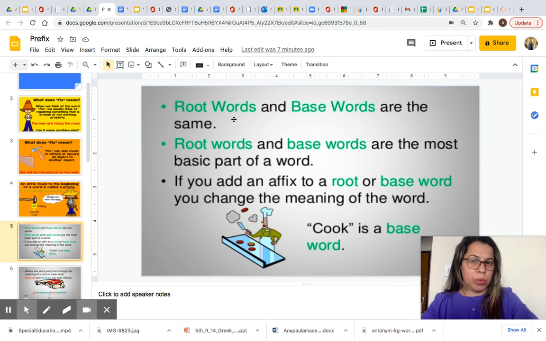Root words and base words are the same thing. They are the most basic part of a word. If you add an affix to a root or base word, you can change the meaning of the word. For example, let's look at the word cook, which is a base word.